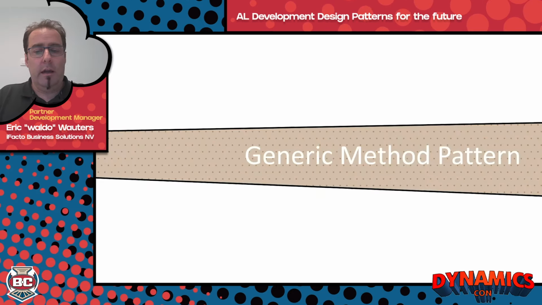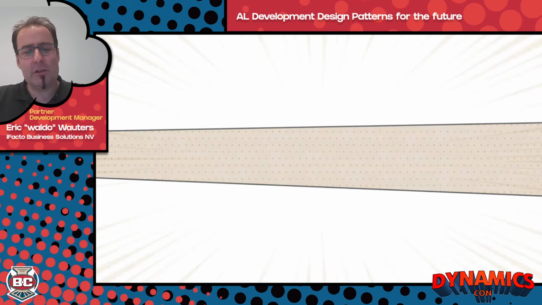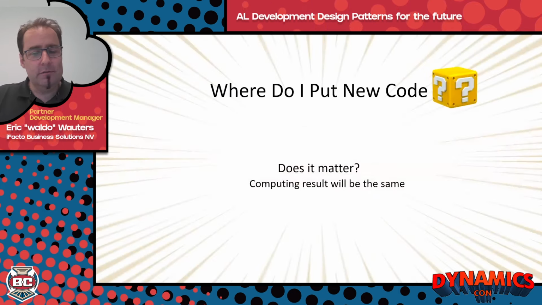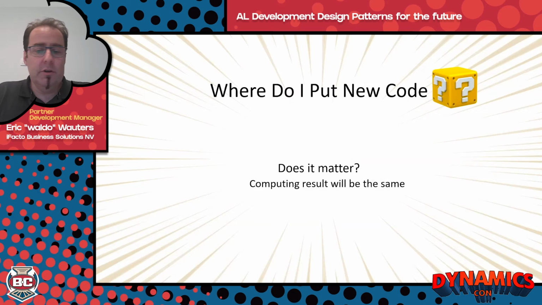And that's what we call the generic method pattern. Originally created by Gary Winter from Cloud Ready Software, and very thankfully adopted by me in my company. So let me drive you a little bit through this pattern. The main question is, where do I put code?